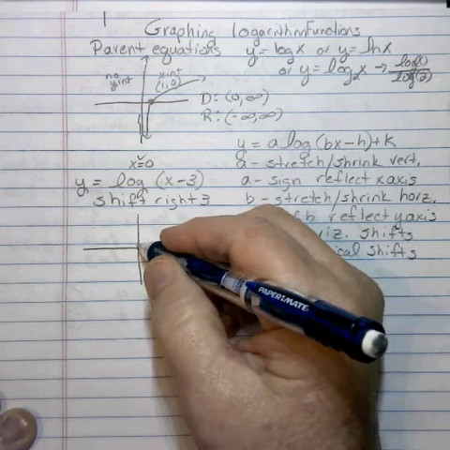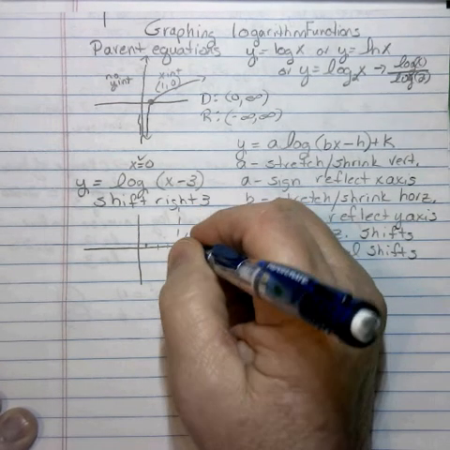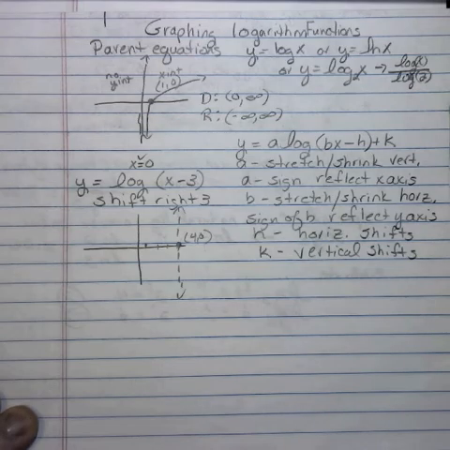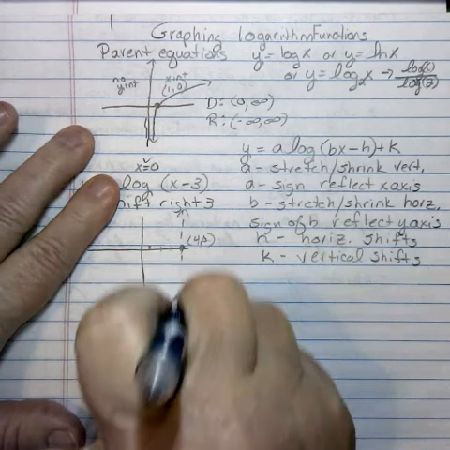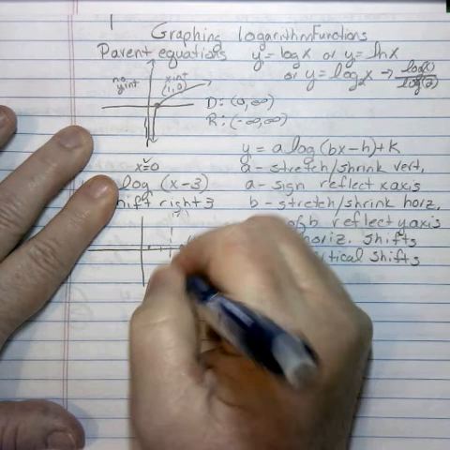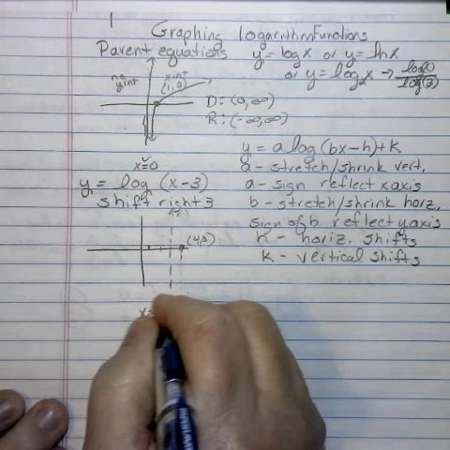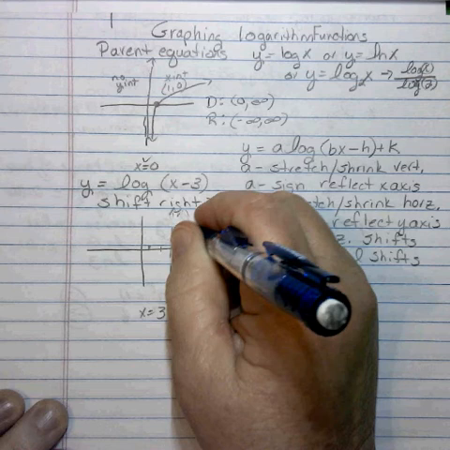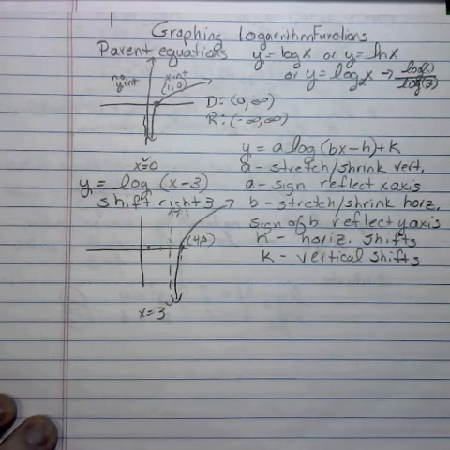It's going to shift the asymptote to the right 3 units. So that asymptote has moved over to, I'm sorry, I drew it too far over, 3 units, not 4 units. So the asymptote is going to be at x equals 3. And our graph is going to resemble that.